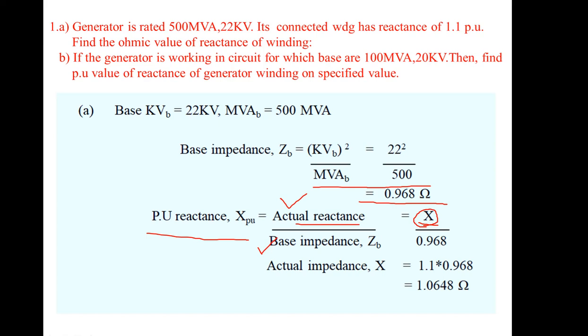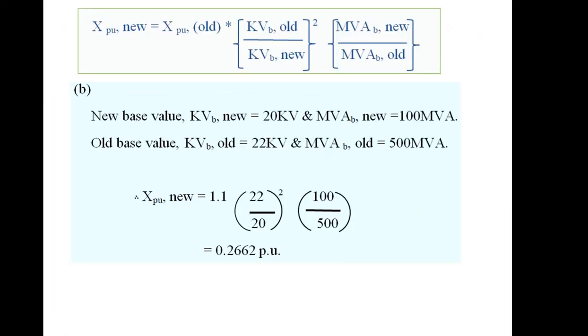The per unit reactance is 1.1 and the base impedance we found is 0.968, so just cross multiply. 1.1 into 0.968, and the answer obtained is 1.0648 ohms.